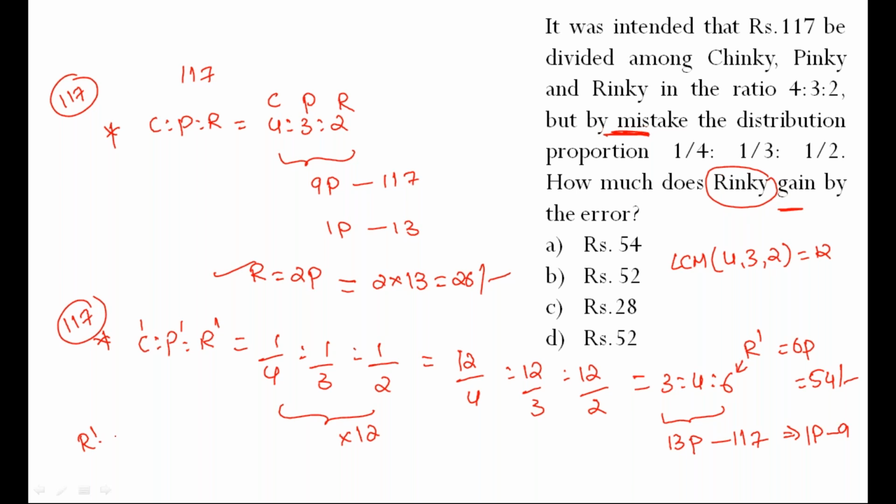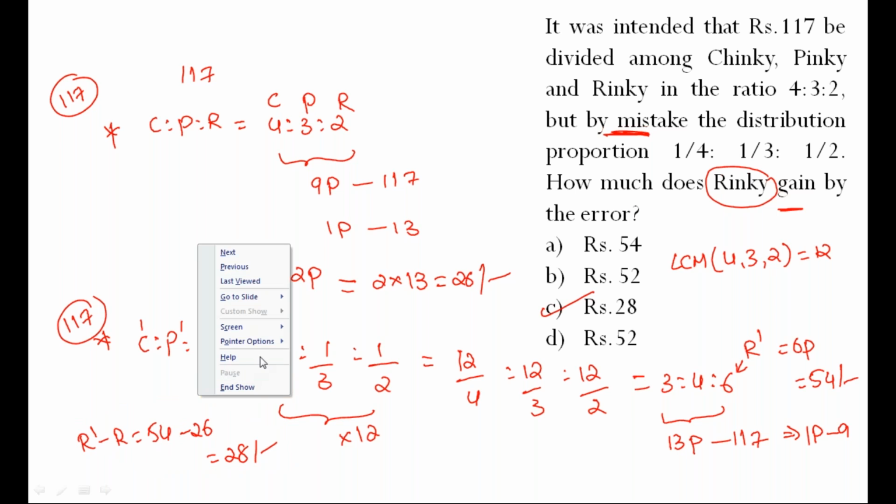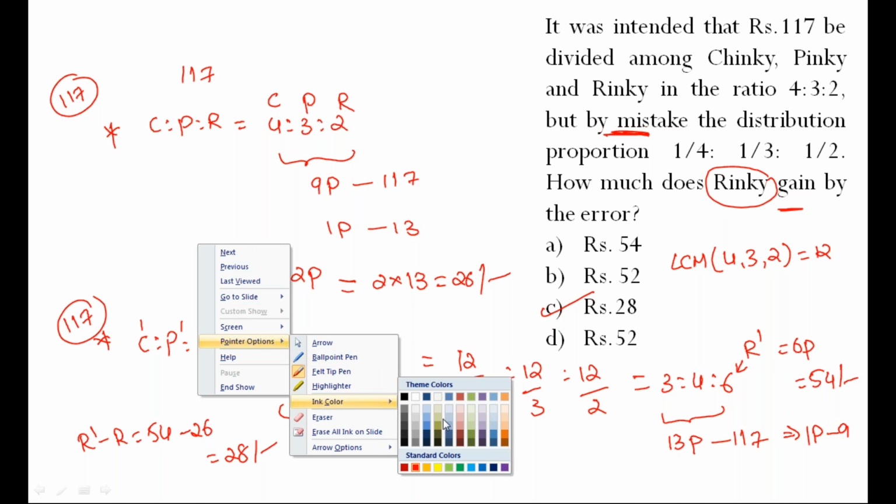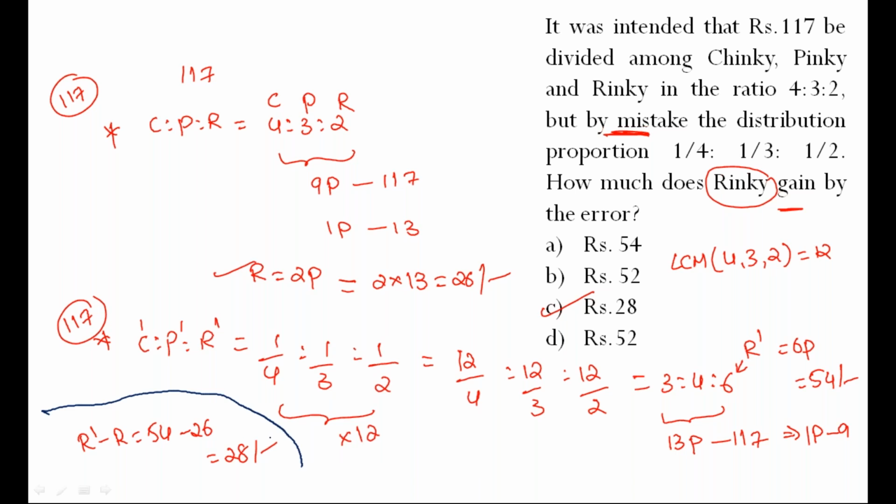She should originally get 26, but she is getting 54 now. The extra amount she gained is 28 rupees. Guys, hope you understand this point, right?